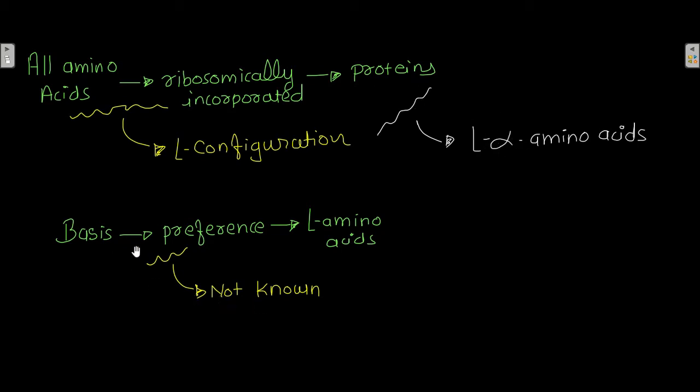The basis for this preference for L-amino acids is not known, but it is very important to remember that all your proteins contain L-alpha amino acids. There is no D-alpha amino acid in your proteins.